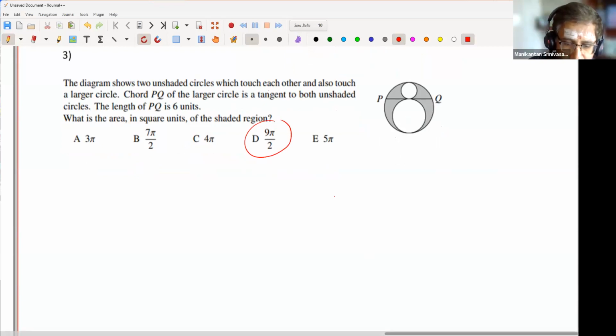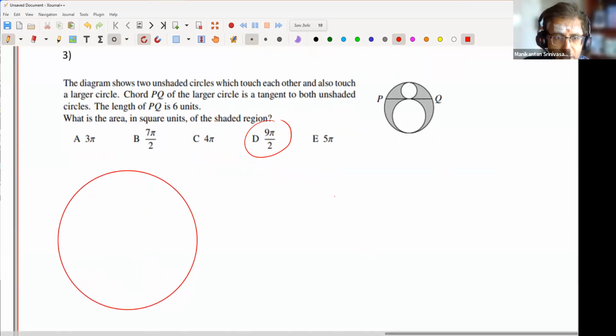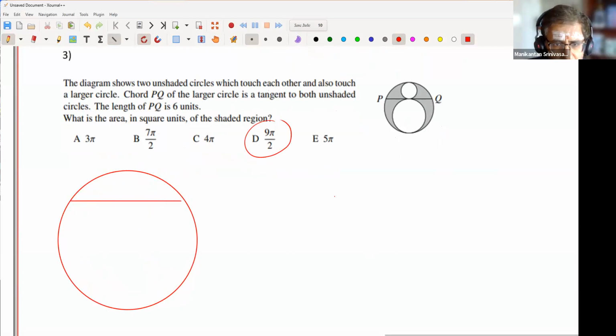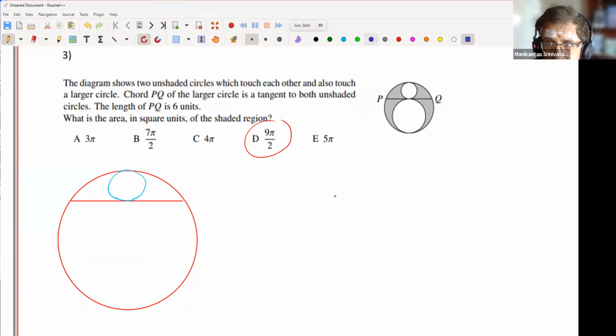So I'll just draw one big circle. And then there's a line here. Okay, and then there are 2 circles here, right? I'll just draw a circle here. And then there's another circle here.